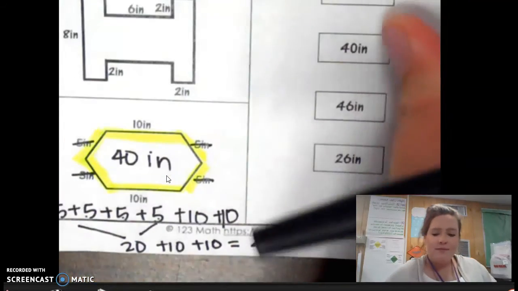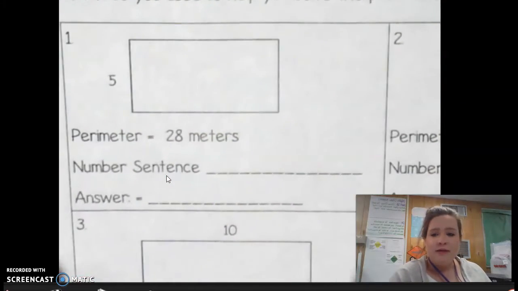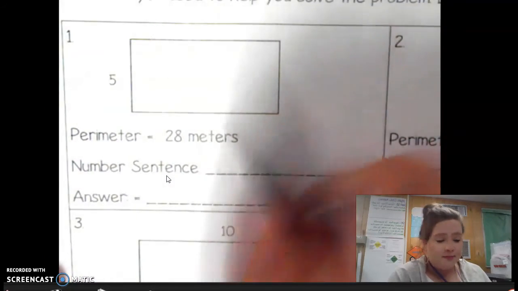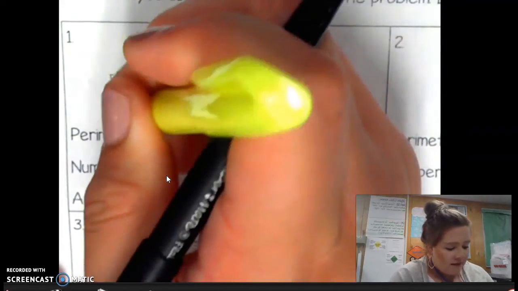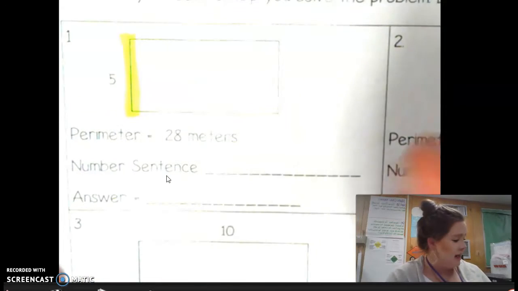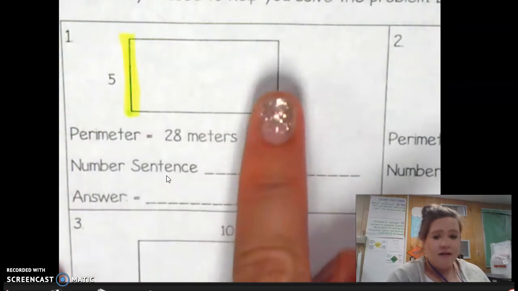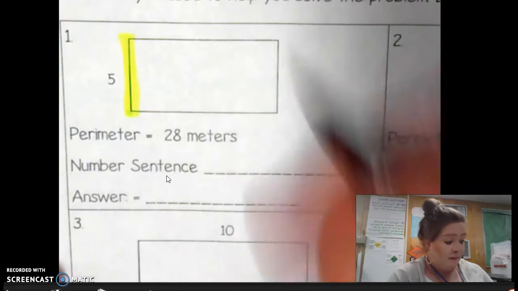All right. Let's look at this one. I know that my perimeter is 28 meters, but I am only given 1 side length. If I know that this is 5, what is this one going to be? 5.